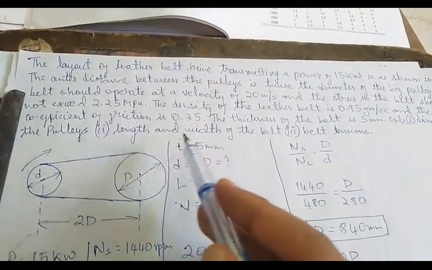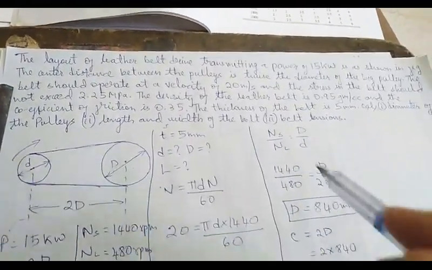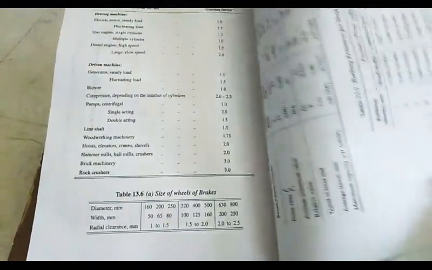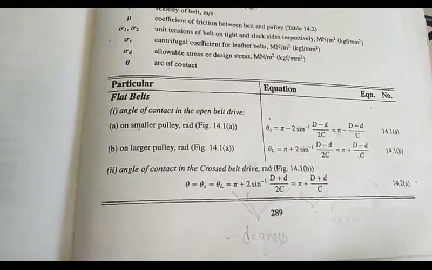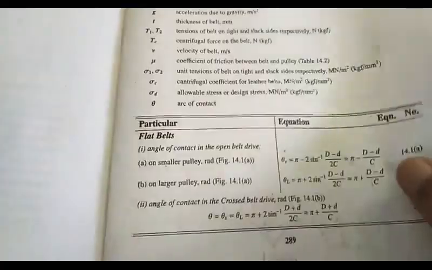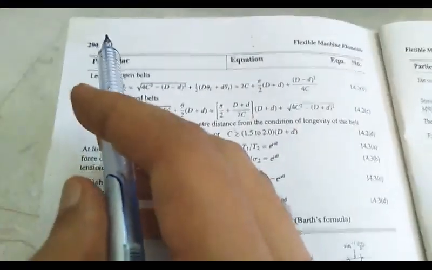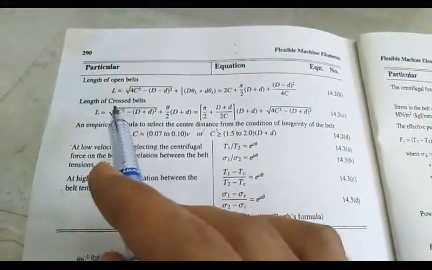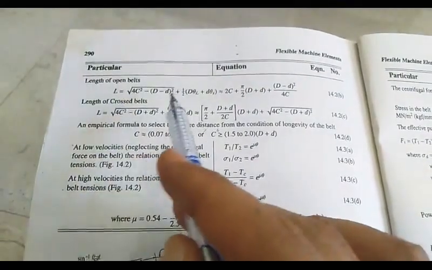Next we shall go to length and width of the belt. So from data handbook there is formula for length. In page number 289, 290, there is length of open belt and length of cross belt. We shall take the length of open belt.